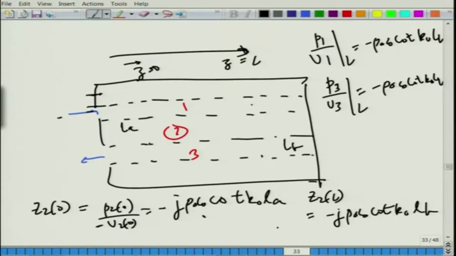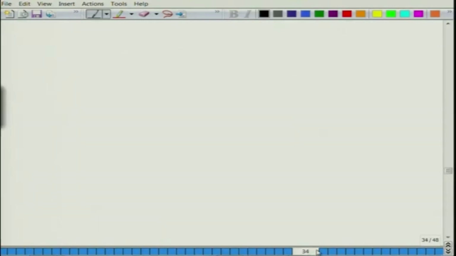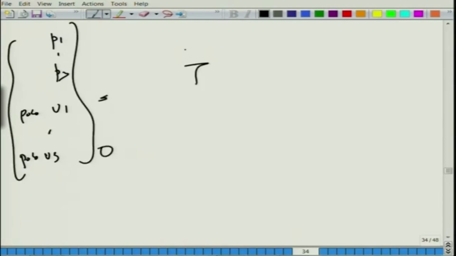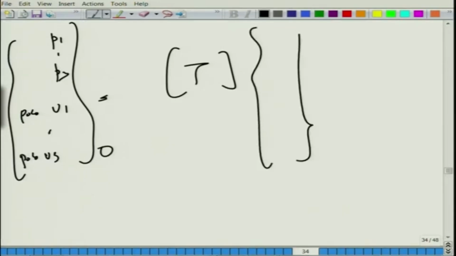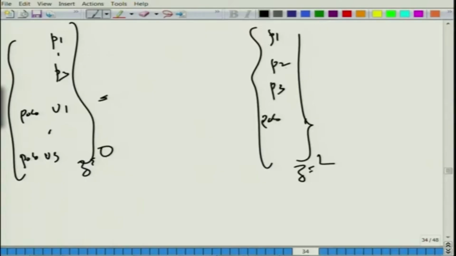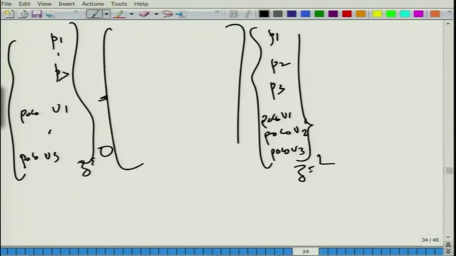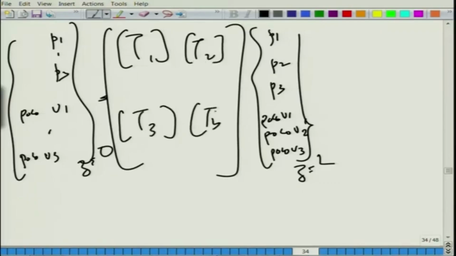Here all these terms will be going to infinity, so there are a lot of simplifications that one can do, and eventually we write the state vector P1 to P3 and rho naught c naught U1 to rho naught c naught U3 as some big T matrix, relating z is equal to 0 and z is equal to L. So, this is your T1 matrix, T2 matrix, T3 matrix and T4 matrix.